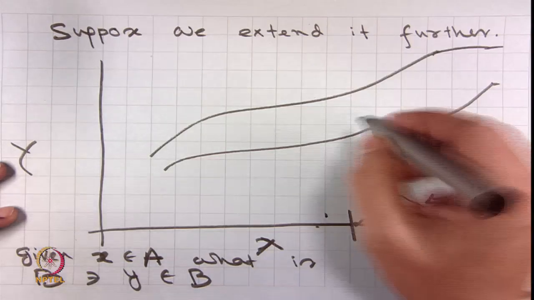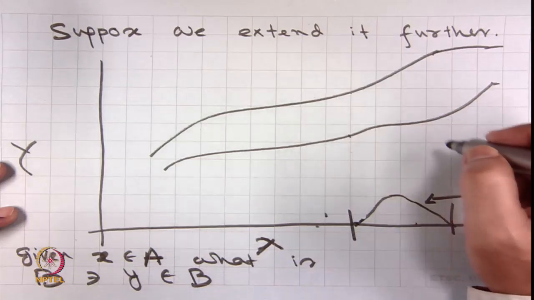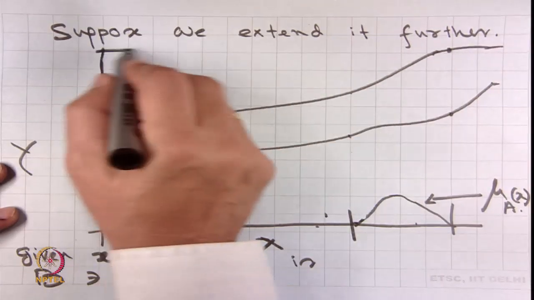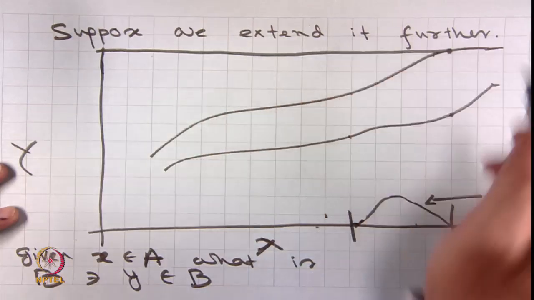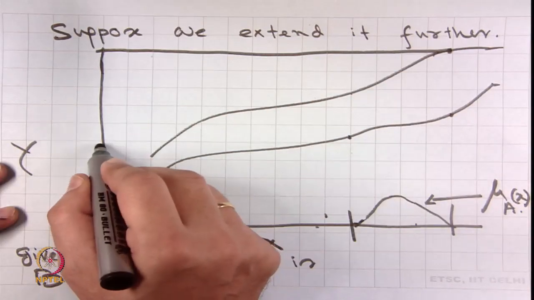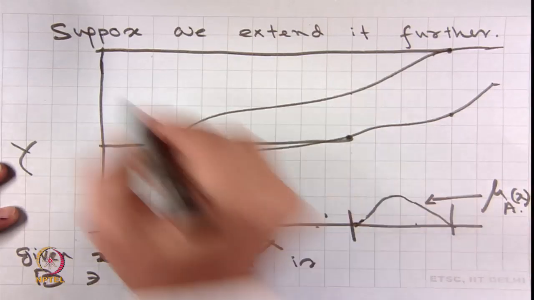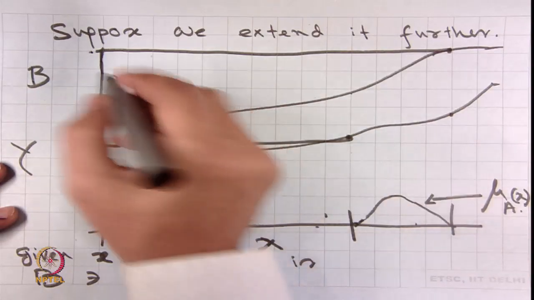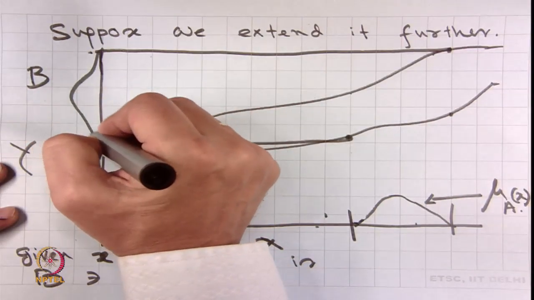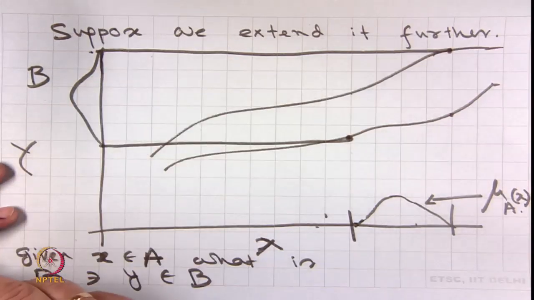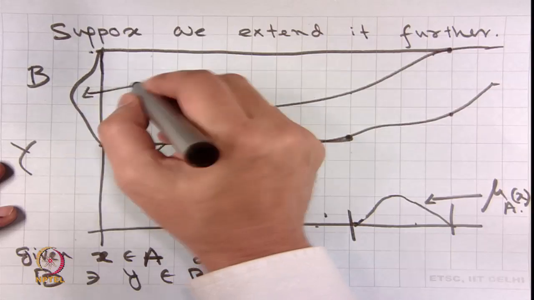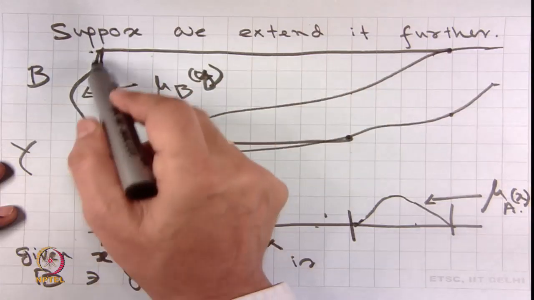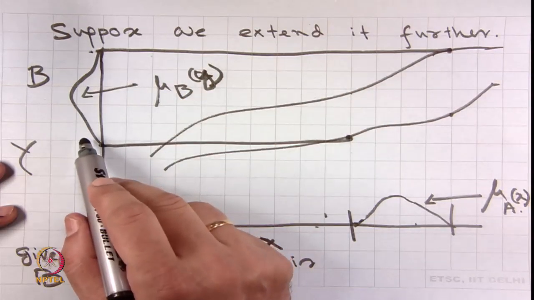Then, as before, we know that this is the set B which is associated with x belonging to A, and our target is to find the membership function mu B of y that describes the fuzzy set B.